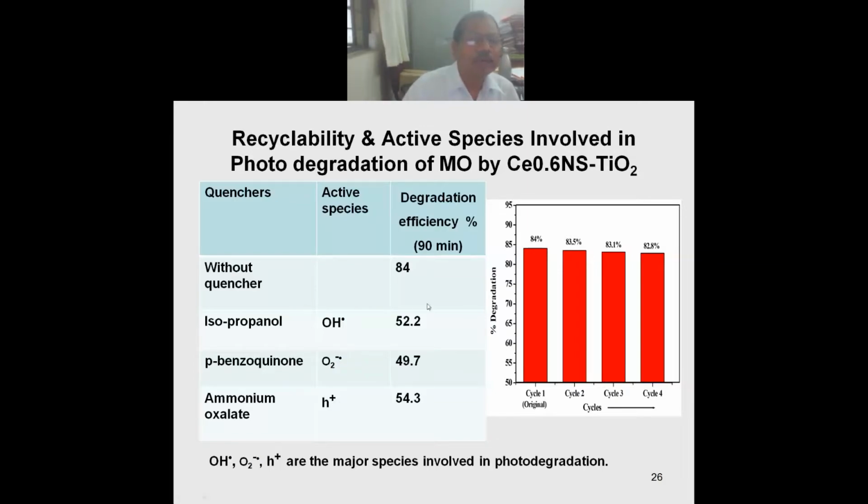It is found that there is a decrease in the efficiency with these quenchers. This indicates that the hydroxyl radical, superoxide ion, and hole are the major species involved in the photodegradation of methyl orange.